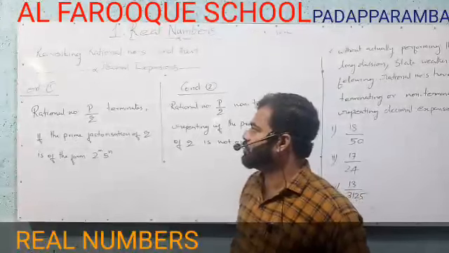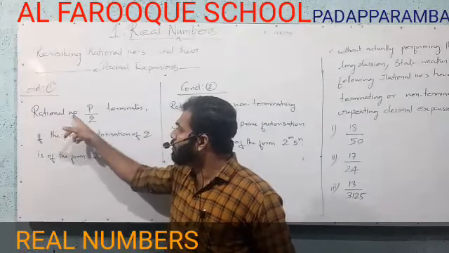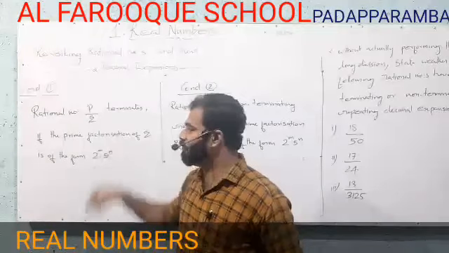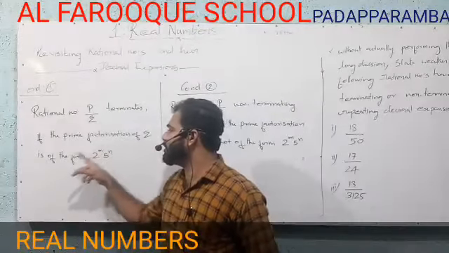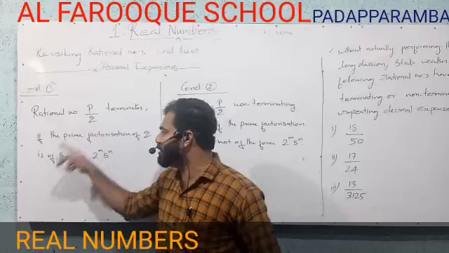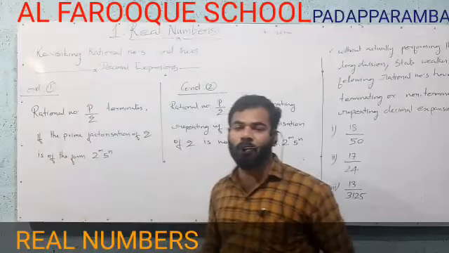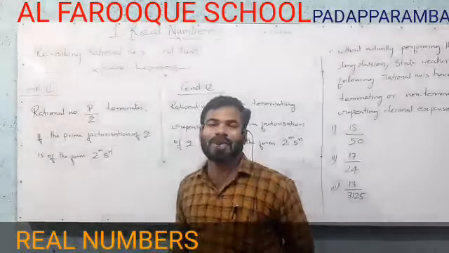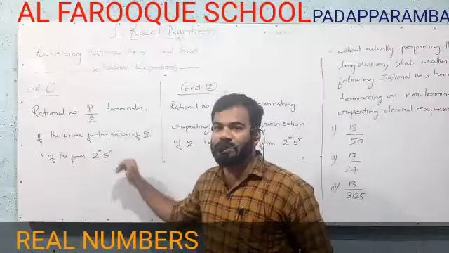The first condition is that the rational number p by q terminates if the prime factorization of the denominator, that is q, is of the form 2 raised to m, 5 raised to n. That is the first condition.